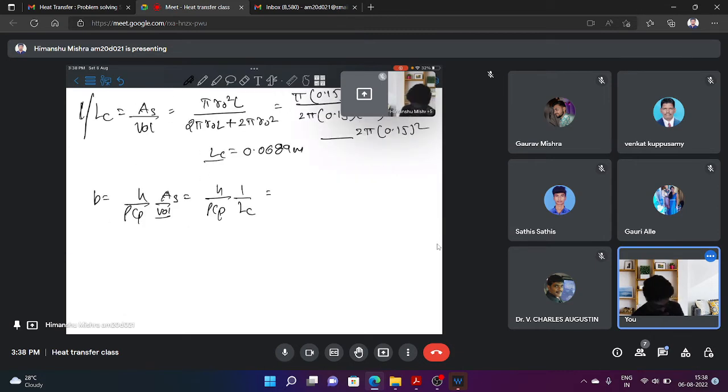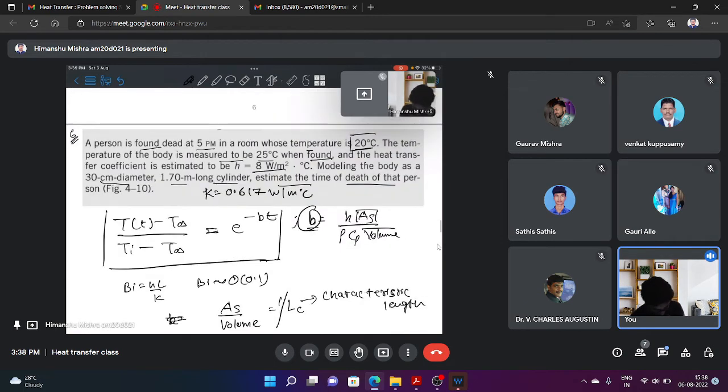So we can put the value here of this property of the body. B would be around 2.79 second inverse.